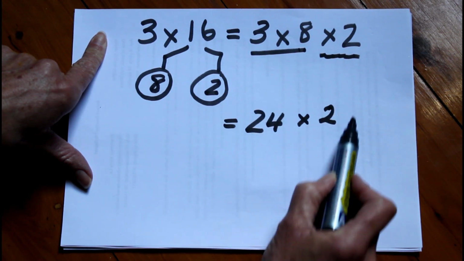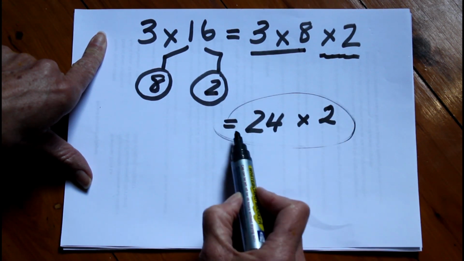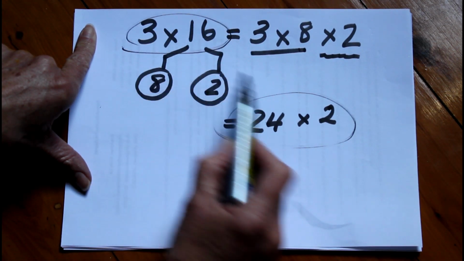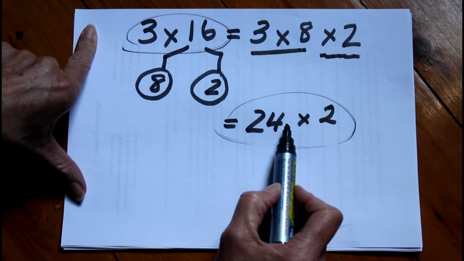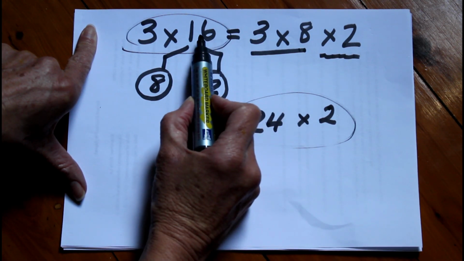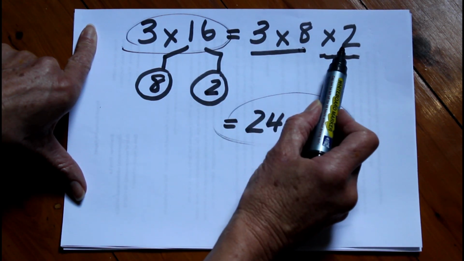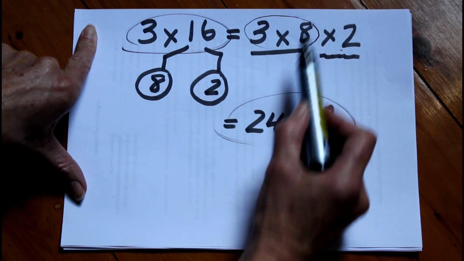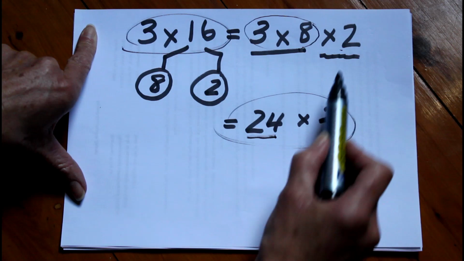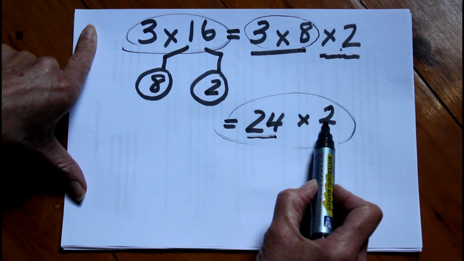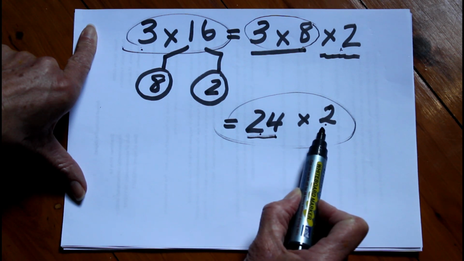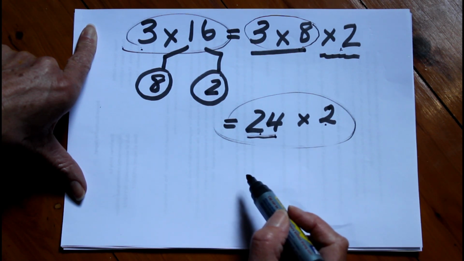So this number sentence here is exactly the same as this number sentence, but it's just written in a different way. I've managed to break up the 16 into 8 and 2. I've focused on my 3 8s and turned it into a 24, and I've brought down my 2. So even though this number sentence and this number sentence look completely different, in fact they are the same.